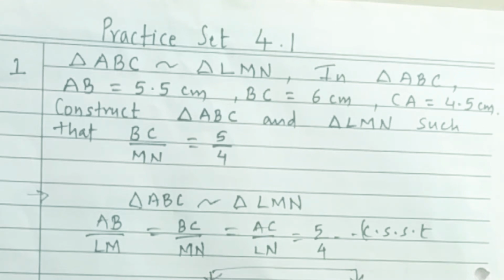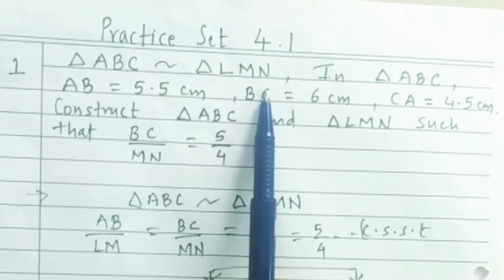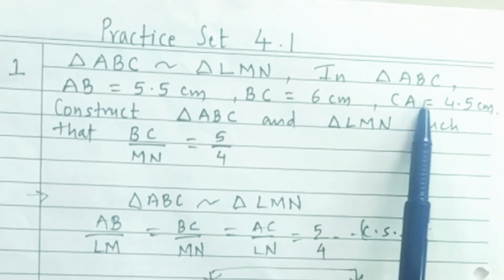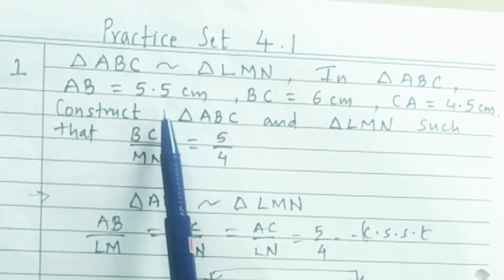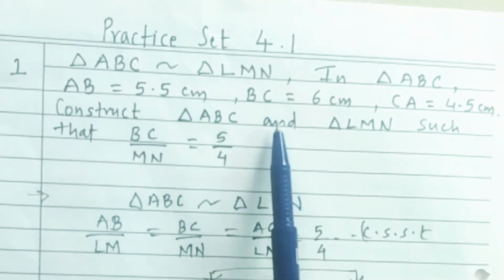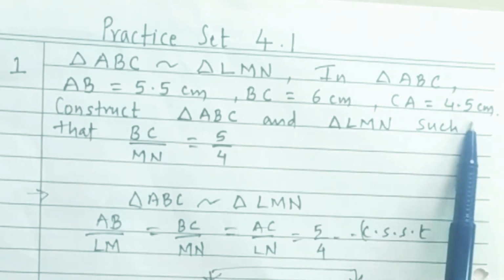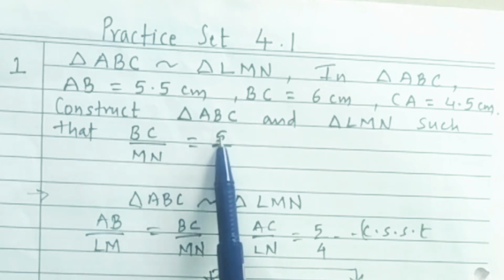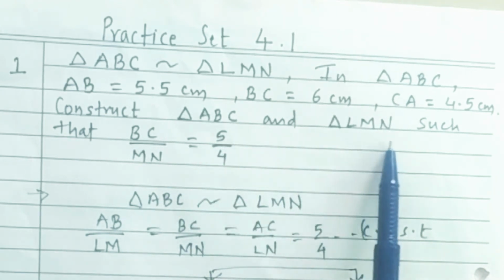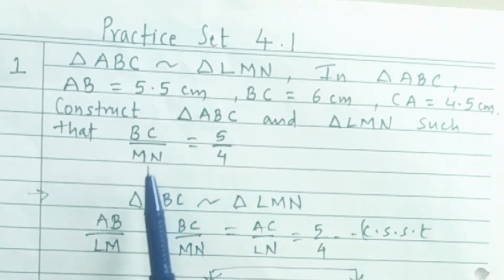Triangle ABC is similar to triangle LMN. In triangle ABC, AB is equal to 5.5 cm, BC is equal to 6 cm, CA is equal to 4.5 cm. Construct triangle ABC and triangle LMN such that BC upon MN is equal to 5 upon 4.